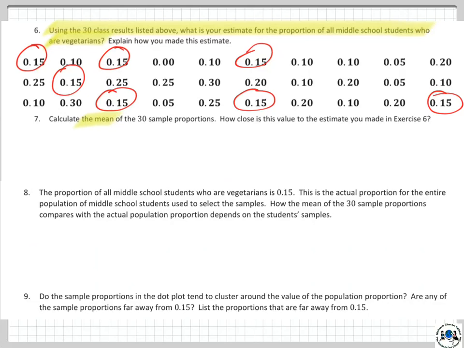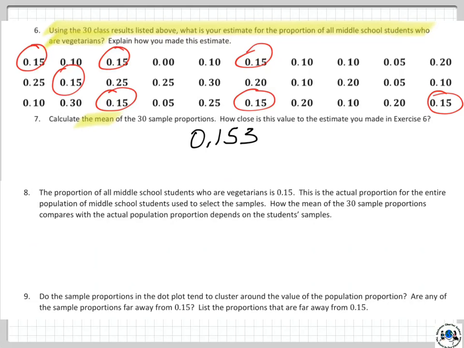Okay, so if I went ahead and added all of these up, of course, and divided by 30, I would have come up with an answer rounded to the nearest thousandth place of about 0.153, okay? So it is pretty clear that that estimate of 0.15 that I made, maybe you agreed with me, was quite a good one.